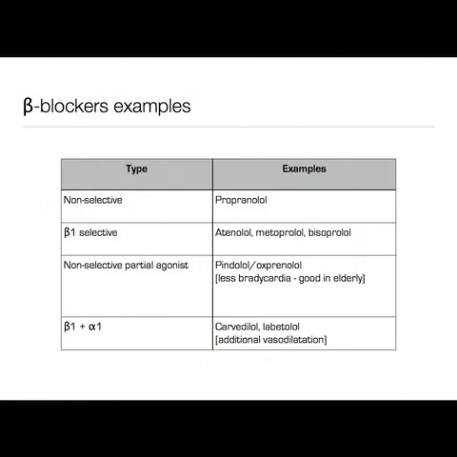This has the advantage of causing less bradycardia and coldness of the extremities, particularly useful therefore in elderly patients. Combined beta-1 and alpha-1 blockers such as carvedilol and labetalol have an added arteriolar vasodilatational effect and thus lower peripheral vascular resistance.